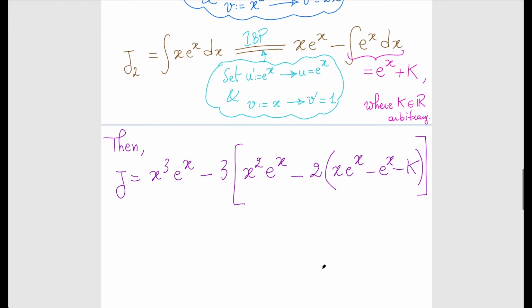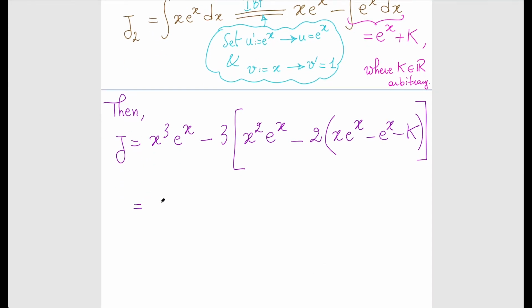Very good. So now that's the same thing as saying x cubed e^x minus 3x squared e^x plus 3 times 2 is 6x e^x, plus, with this minus it becomes a minus, 6e^x, and minus 6k. 3 times 2 times k is 6k, and minus times minus times minus is minus.